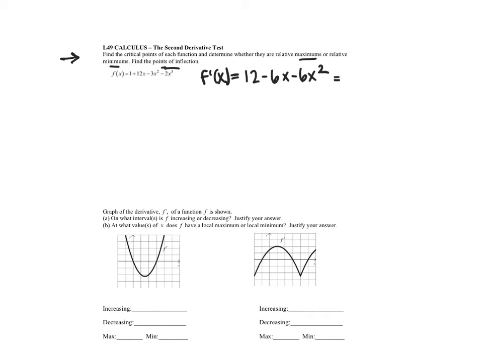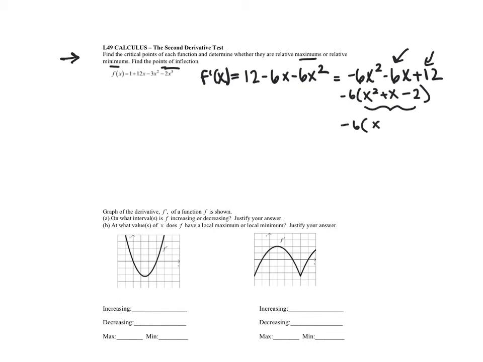And I'm going to rewrite that in standard form. So I have my highest exponent first because I'm going to have to factor this. And now you can see I'm going to take out a -6. So I'm going to get an x squared plus an x minus a 2. Don't forget to change all your signs. That's why they both changed, the second and third. Now I'm going to take and factor this part.